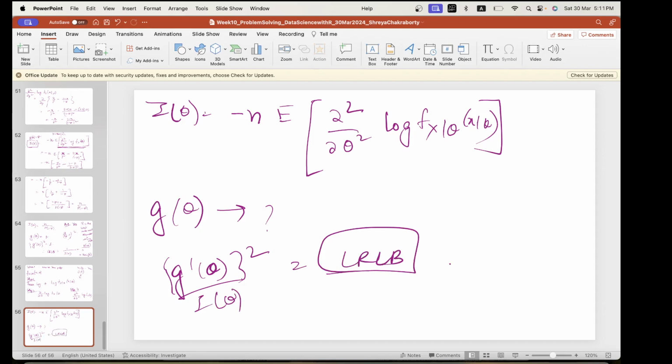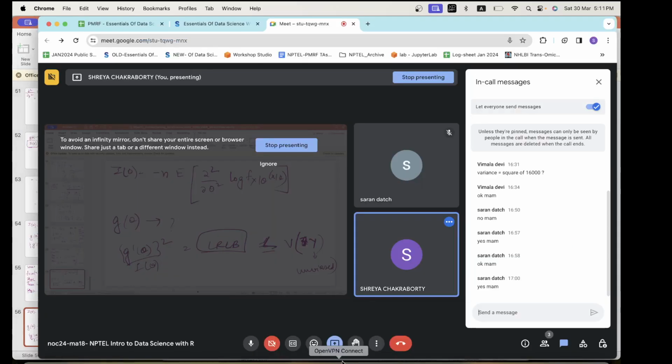And then you have to see that it should be less than or equal to the variance of any other unbiased estimator Y, where Y is unbiased. And if the variance of Y matches CRLB, then Y is the best estimator. Is it okay? And any doubts?